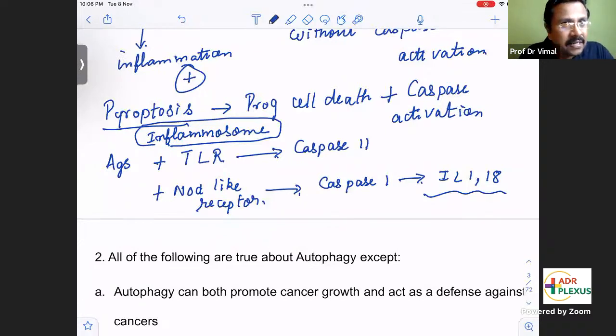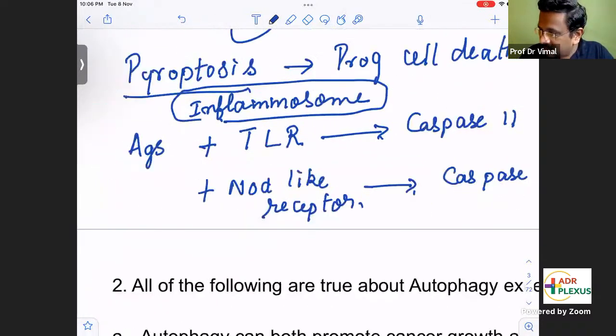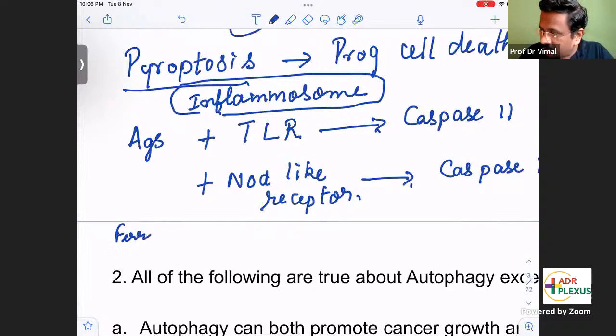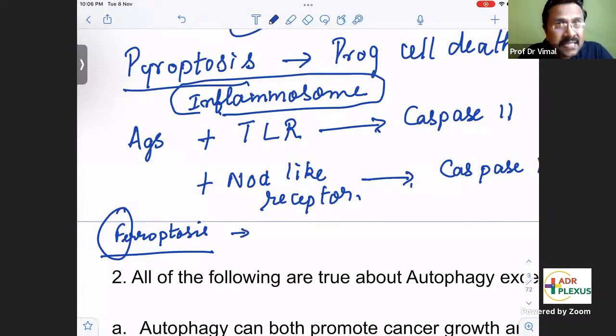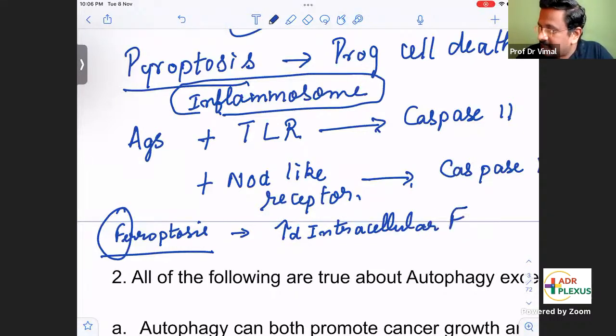Another recent update in the 10th edition of Robbins is ferroptosis. Ferroptosis, Fe, is cell death occurring when there is increased intracellular iron or reactive oxygen species.